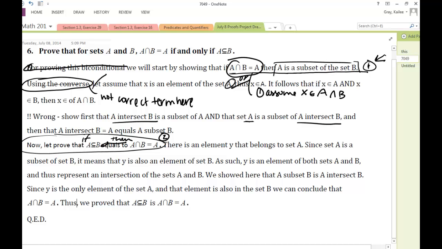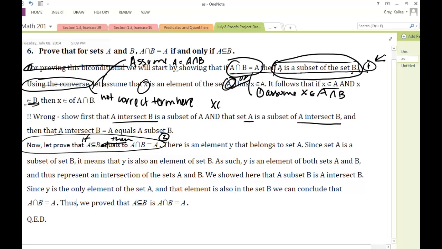So I would insert a sentence before this one about X being in A, to say assume A is equal to A intersect B. Because what you're doing here is you're using that assumption actually. Because what we're trying to show eventually is that if X is in A, then X is in B. And so once you assume that A is equal to A intersect B, you say, okay, take an element in A, show it has to be in B.